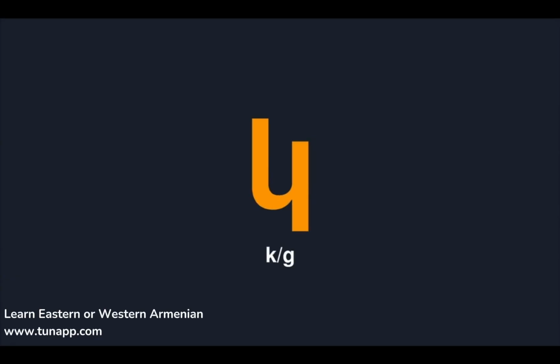Let's go with the lowercase letter, doing the same as you did before, pronouncing it 5 times as you write it out. Okay, let's go. Brilliant. K or G. K in Eastern Armenian, G in Western Armenian.